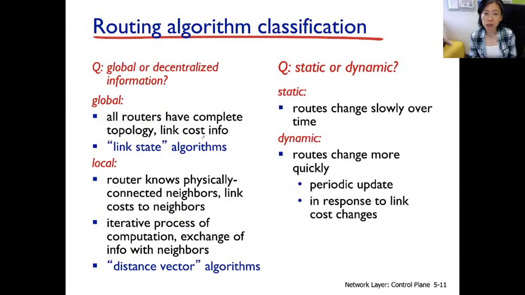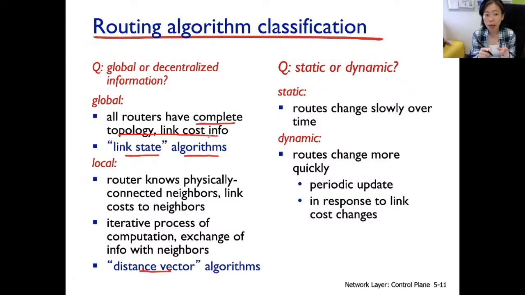Polly will be introducing 2 routing algorithms next. First is called the link state algorithm, second, distance vector. The link state routing works this way. Inside the network, each router implements an algorithm. Before this algorithm can be triggered, the router needs to wait to have the complete topology and link cost information.